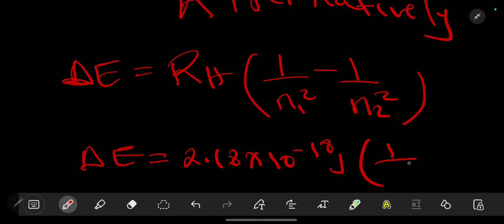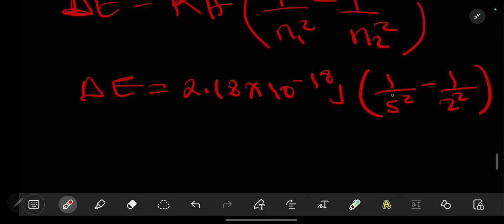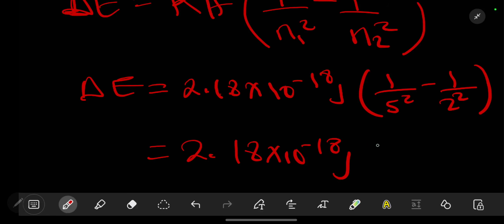We have 1 over the initial position, which was 5, so 5 squared, minus 1 over 2 squared. So initial 5, final 2.